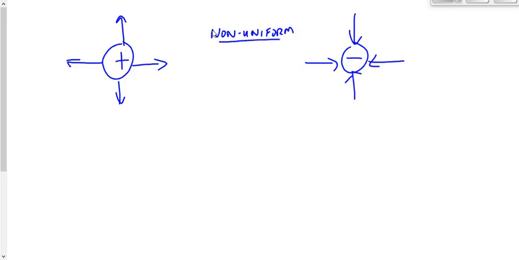The electric field strength right here is greater than the electric field strength right here. The closer you are to the producer, the stronger the field, and we can recognize that by the density of the field lines. Right? The closer the field lines are together, the stronger the field. Further they are apart, the weaker the field. So we're going to see these are both non-uniform fields, which means the field varies with location.